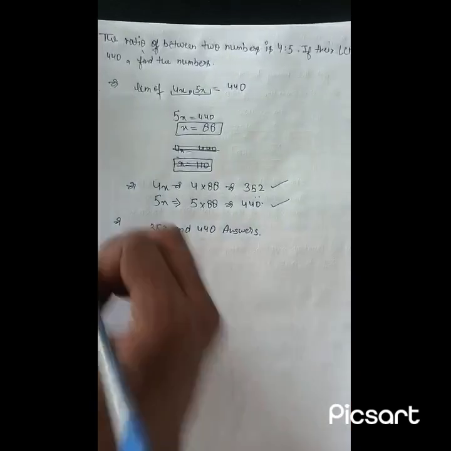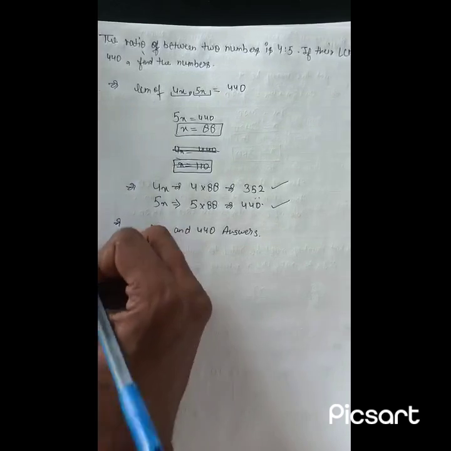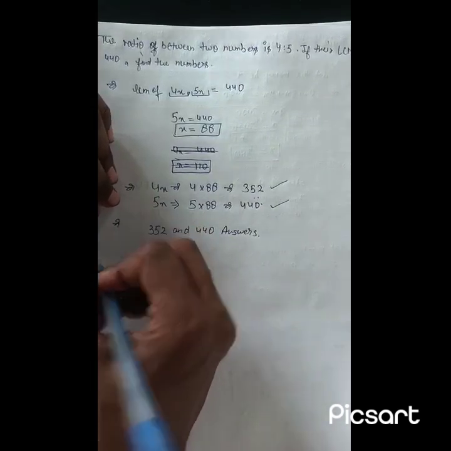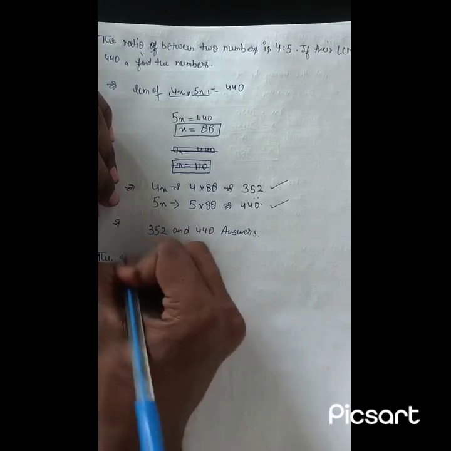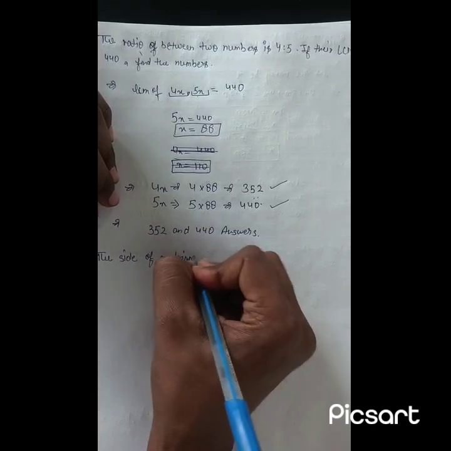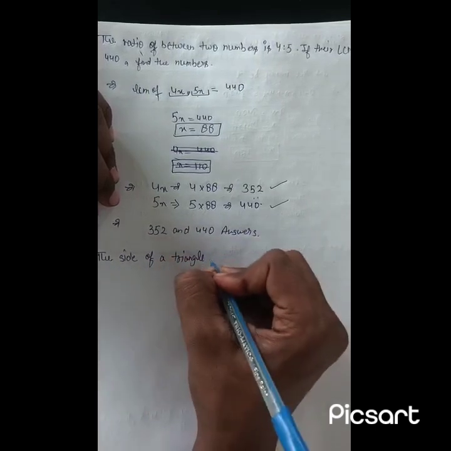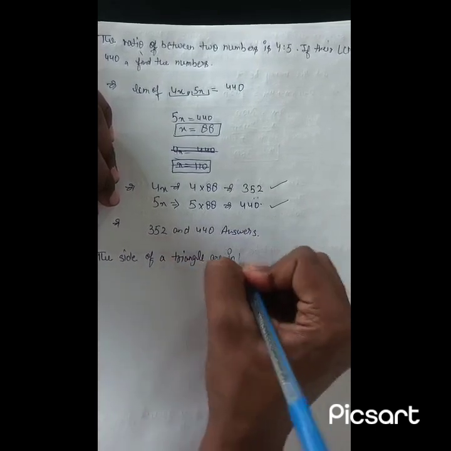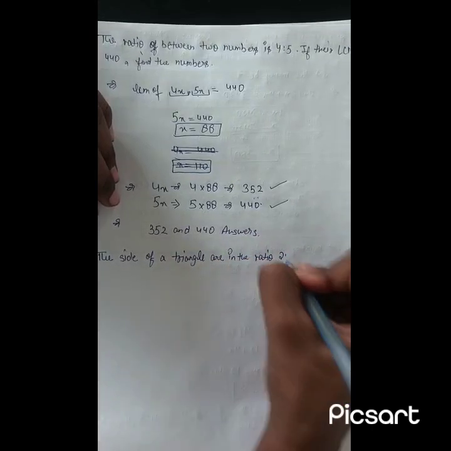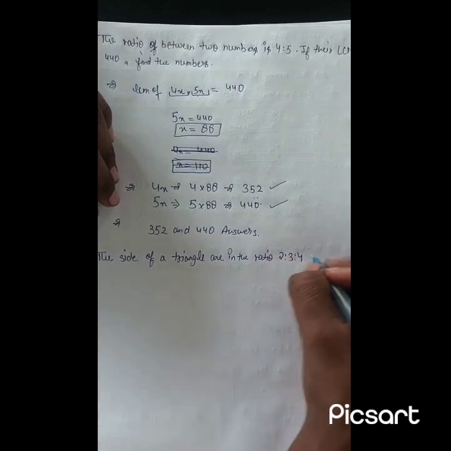Now here it is saying question number 12, the sides of a triangle are in the ratio 2 is to 3 is to 4.